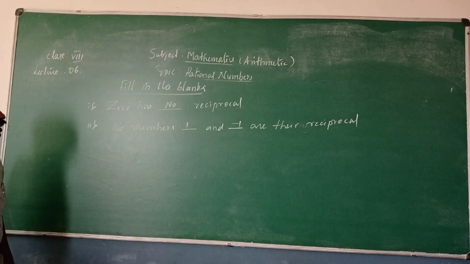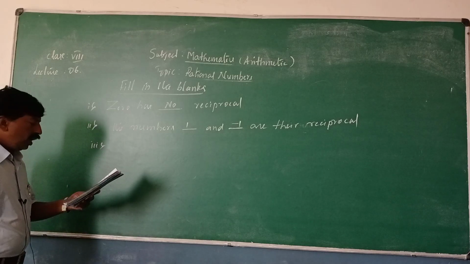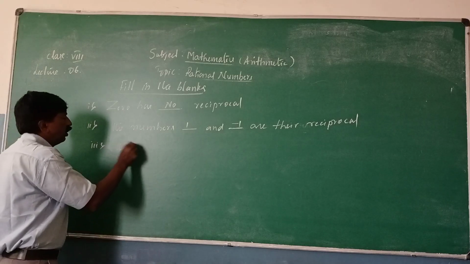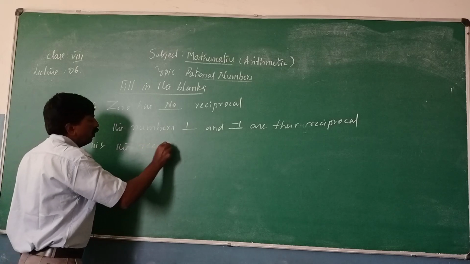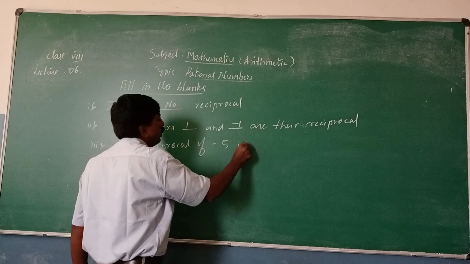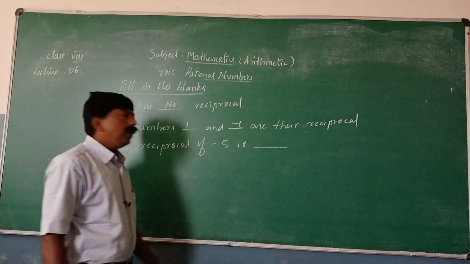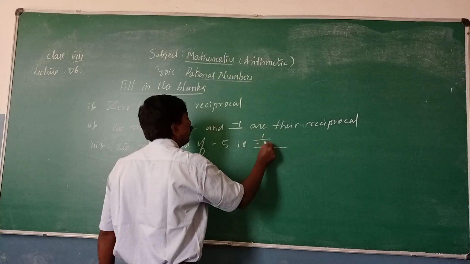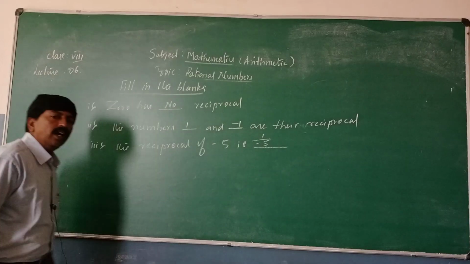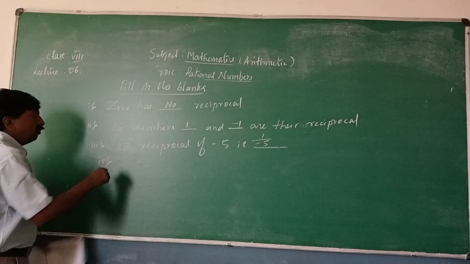And the third question: the reciprocal of minus 5 is dash. The reciprocal of minus 5 is 1 by minus 5, so minus 1 by 5.